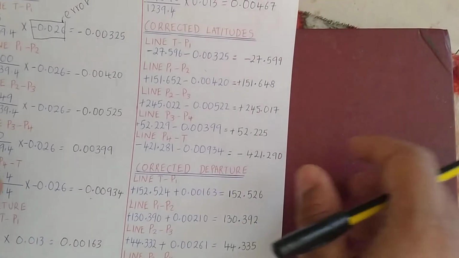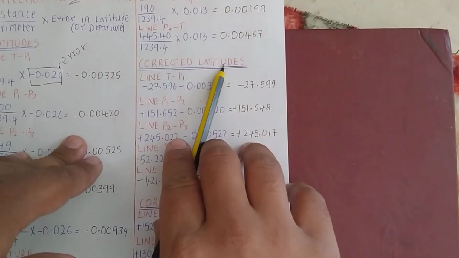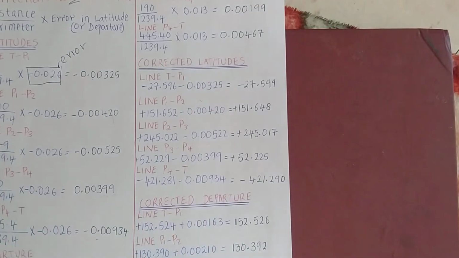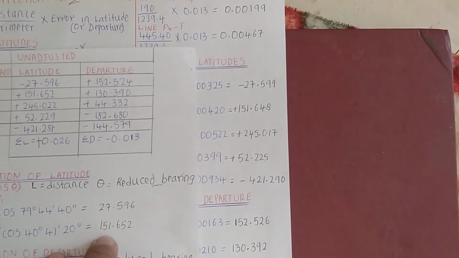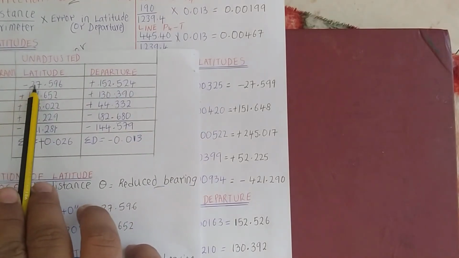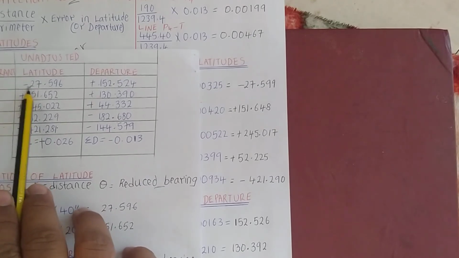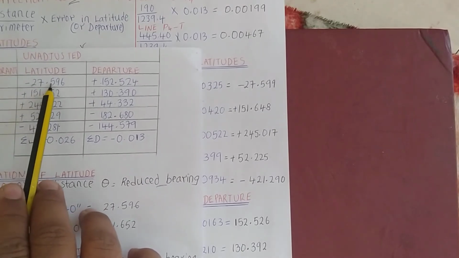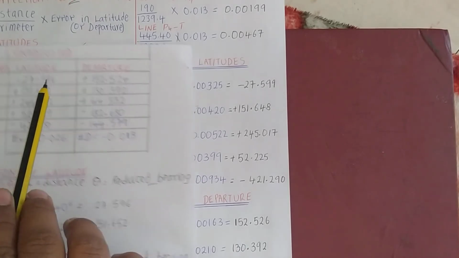So now let us look at the corrected latitudes. You can see that we have latitudes. This one was the first one, line TP1, negative 27.596.